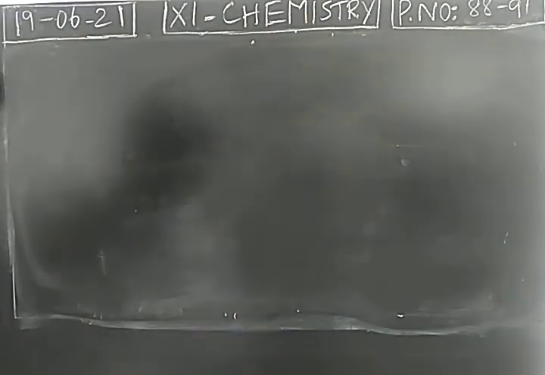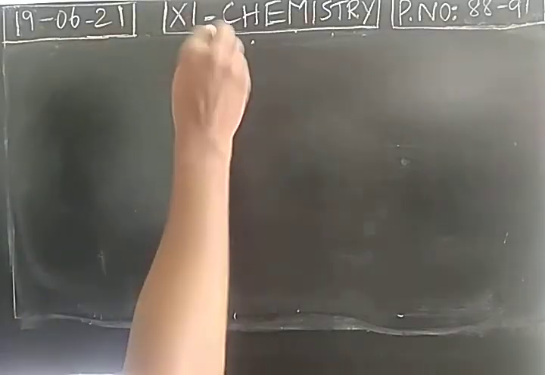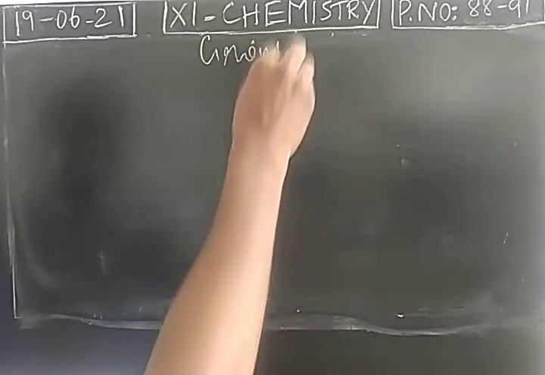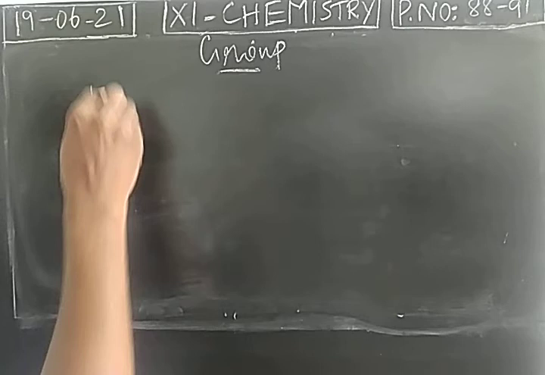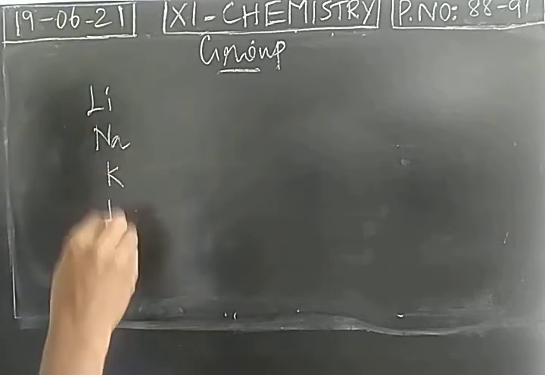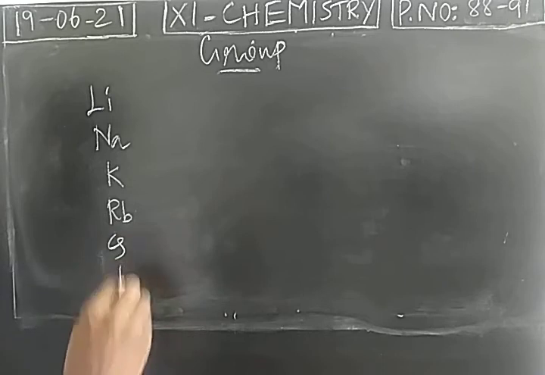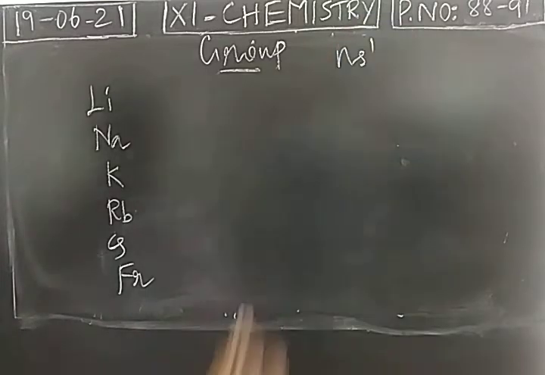What is the variation of valence in the modern periodic table? You can take any one group. Variation of valence in a group: you can take alkali metals, lithium, sodium, potassium, rubidium, cesium, francium. What is the general outer electronic configuration? ns1.